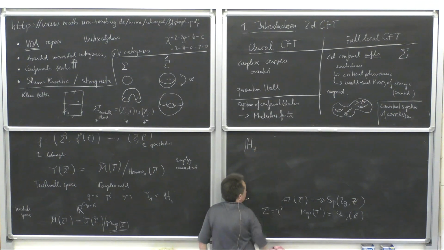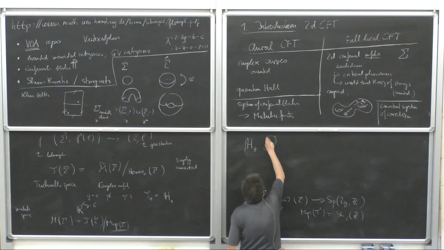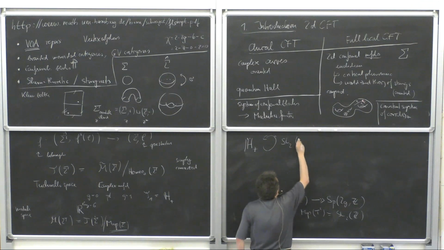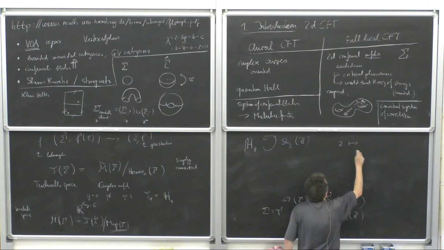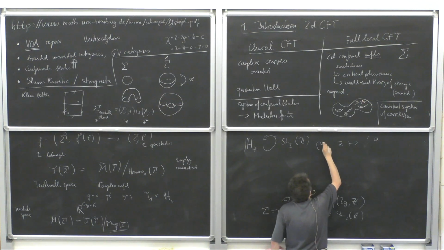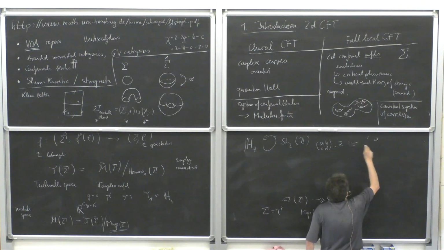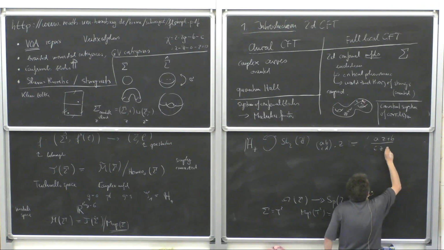The mapping class group is this. So we should get an action of SL(2,Z) here. And in fact, this is a famous action. So a matrix (A B; C D) acts by sending z to (Az plus B) divided by (Cz plus D).